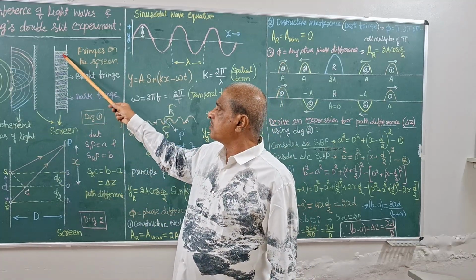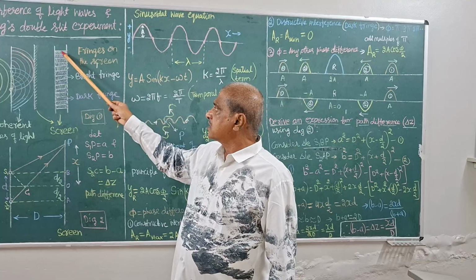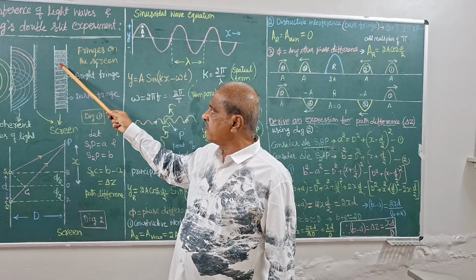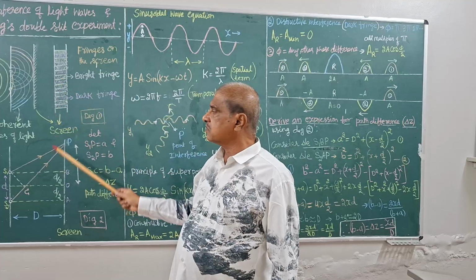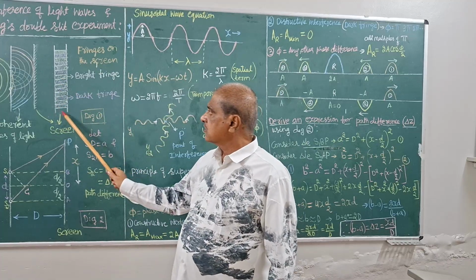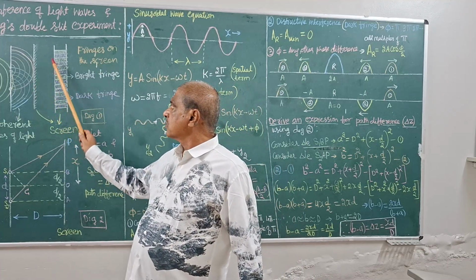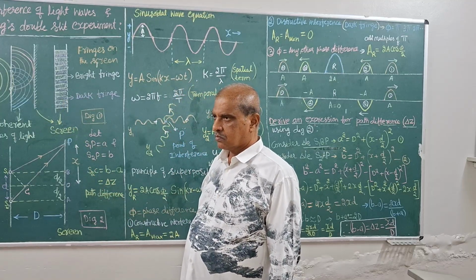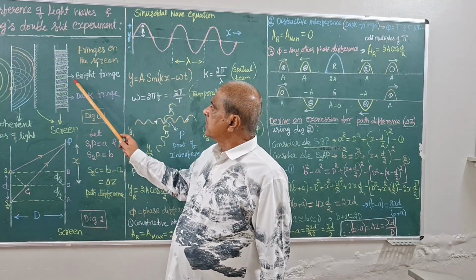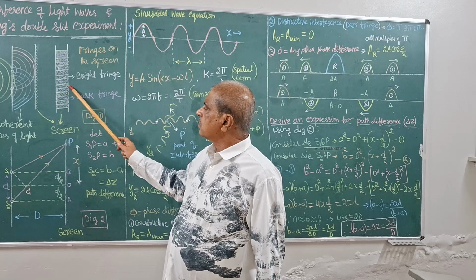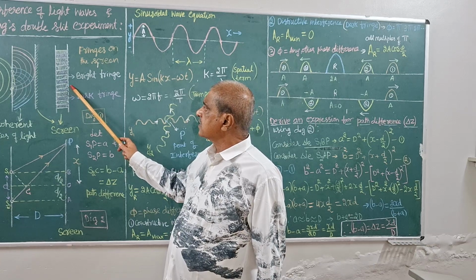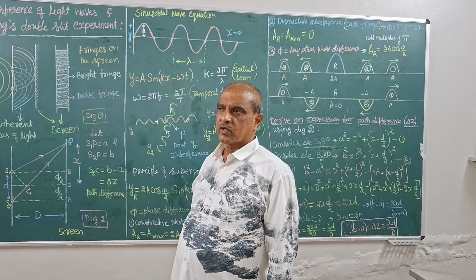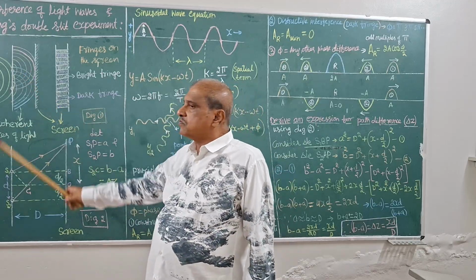The fringe width remains the same. This observation of fringes like this is a direct evidence for the wave nature of light.